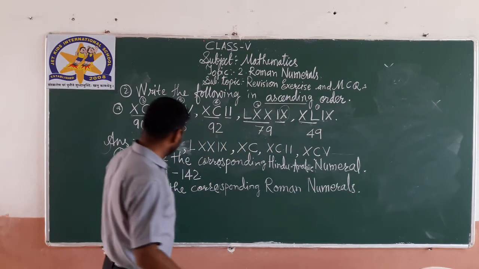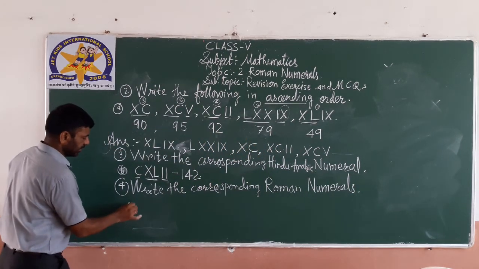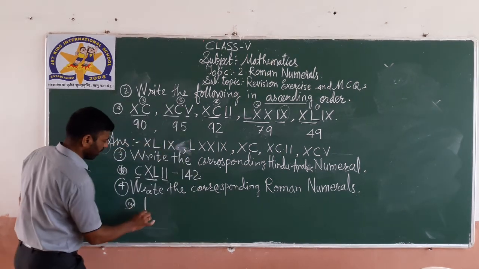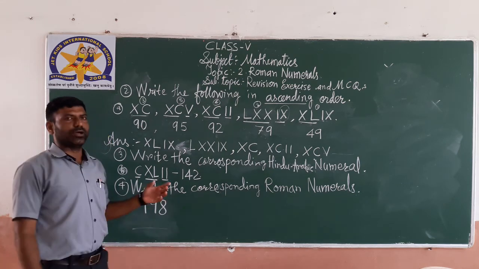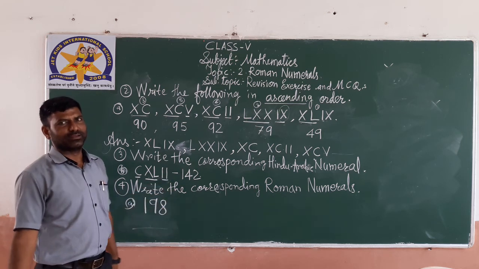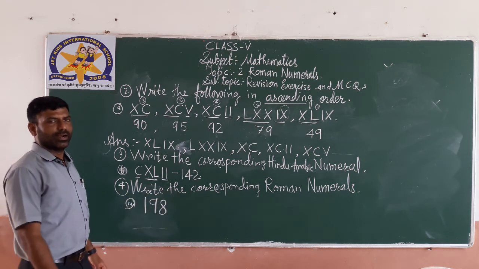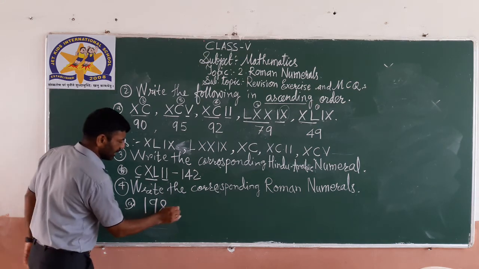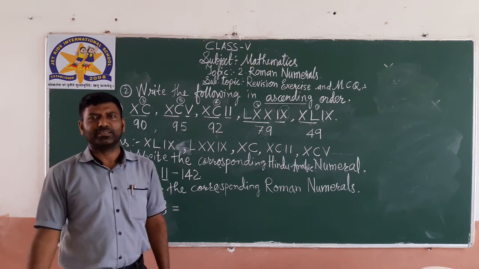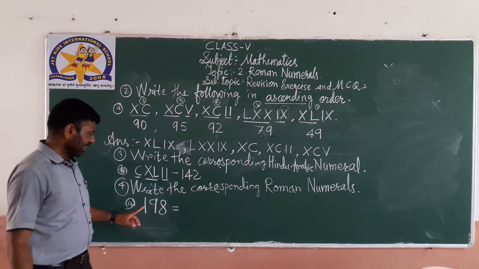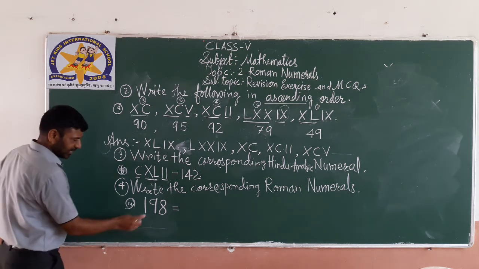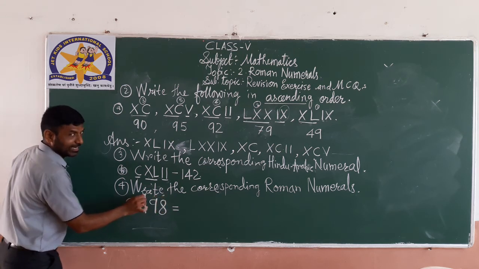Understand? Now see. Okay. A answer means here 198. Here we have to convert Indo-Arabic into Roman numerals. Understand? Now, what I said, how to convert Indo-Arabic into Roman numerals? Yes, expanded form, right? Ones place, tens place, hundreds place.